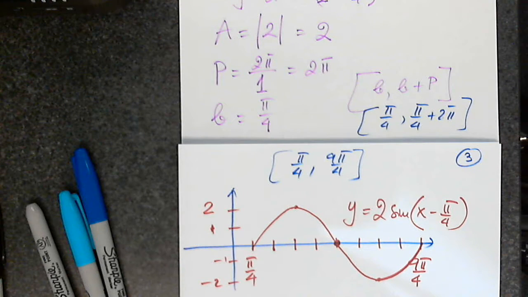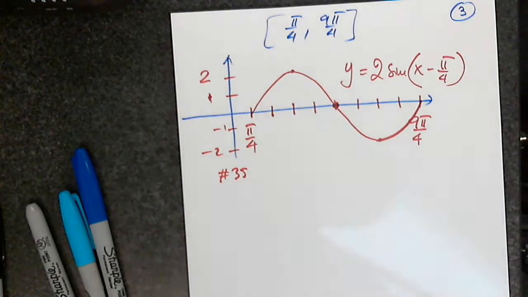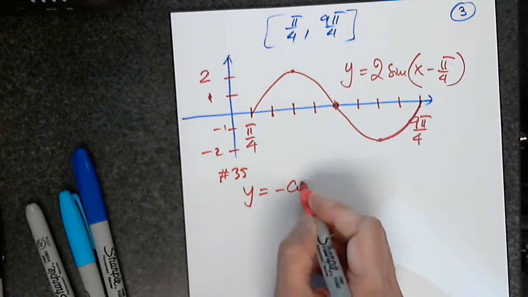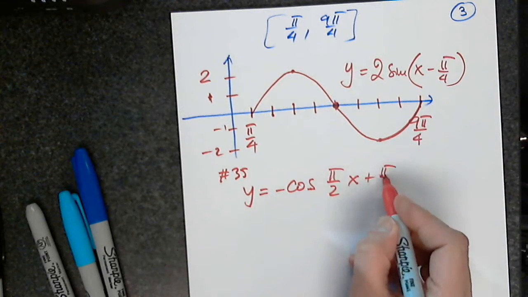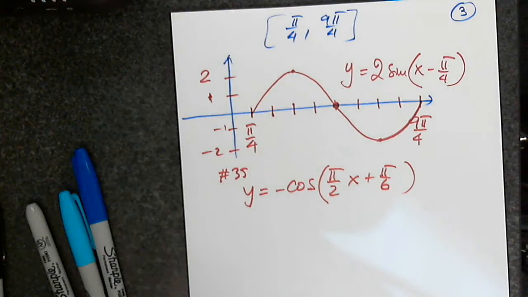Now, one other thing that I would like to show, and we can look at other problems, for example, 35. We don't have to graph this, but I just want to point out something, just to refresh your memory. For example, y equals negative cosine pi over 2x plus pi over 6. Let's just list the amplitude.